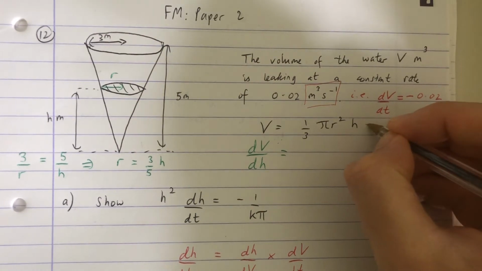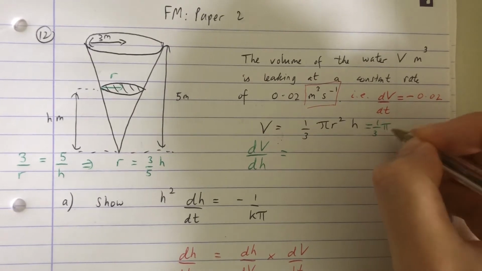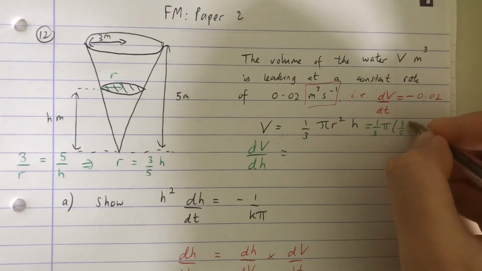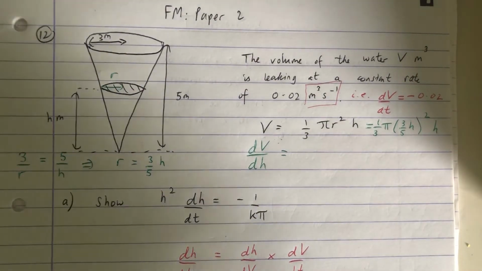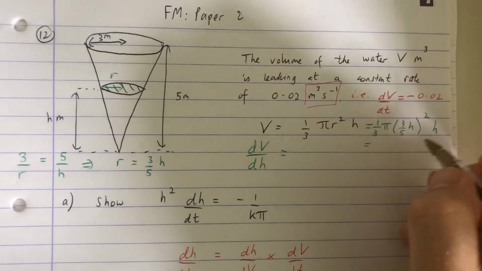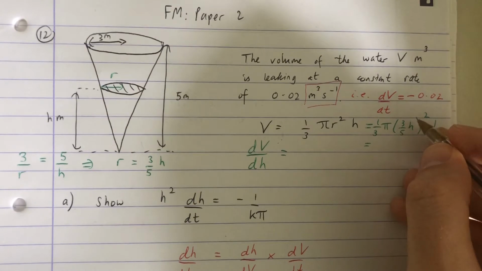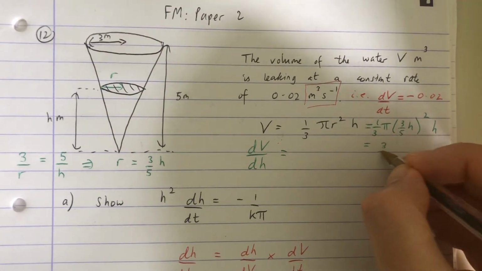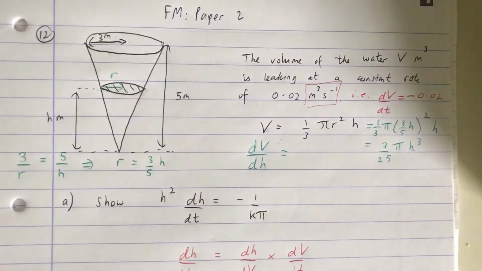So in other words, this formula for volume is actually 1/3 pi, radius is 3/5 h, squared, times h, which is the same as, if you expanded that, 3/25 pi h cubed.